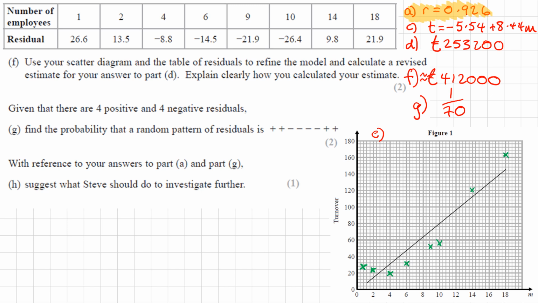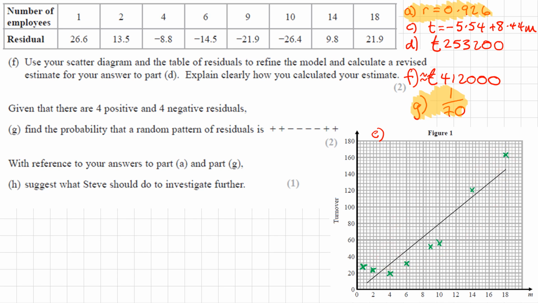And then for part G, I've got the probability that I'm going to get this particular pattern of residuals, which is only 1 over 70. So putting these 2 bits of information together, we've actually got quite a low chance. Now 1 over 70 is just over a 1% chance of getting this pattern of residuals, which is quite low.